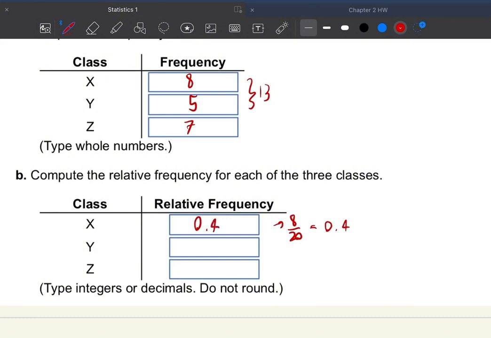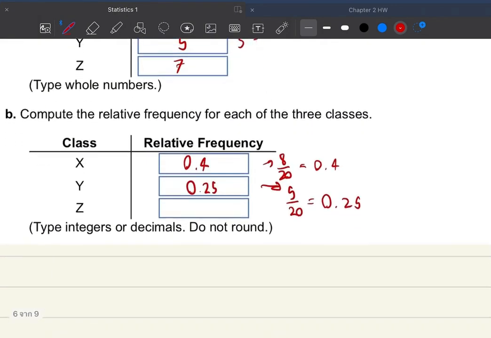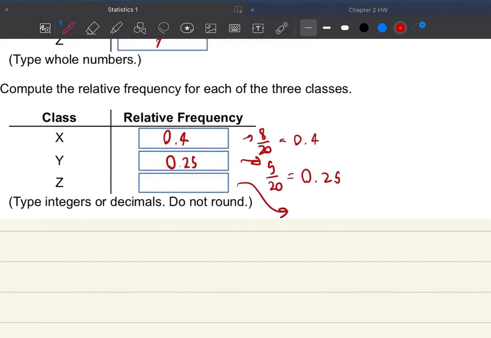For y it is 5 over 20, equal to 0.25. And z equals 7 divided by 20, equal to 0.35.